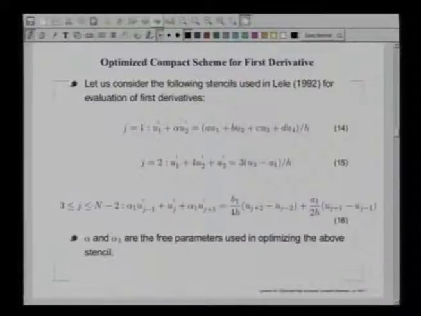Okay. So, what we could do is, if I am trying to now optimize a compact scheme, I would basically be taking up something like this. Look at this equation. This is what we have just now shown, that the derivatives are written in terms of these coefficients alpha 1.